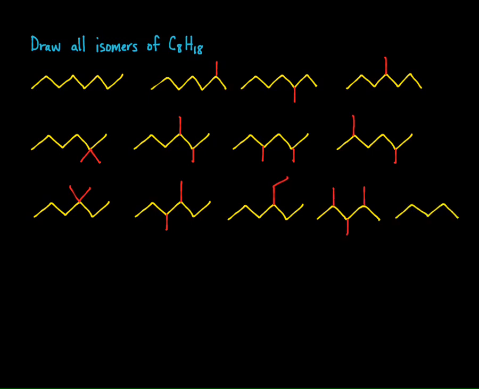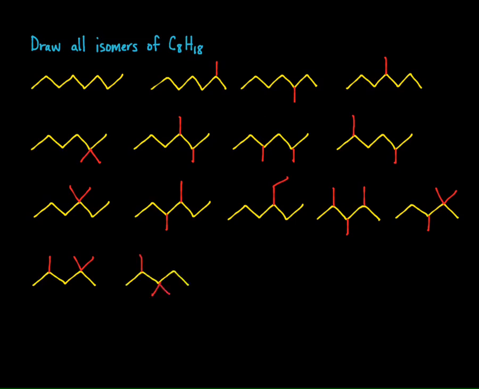So I start with my 3 methyl groups. I can add 1 methyl group on the second carbon, 1 on the third, and 1 on the fourth. So I get 2,3,4-trimethylpentane. I can have 2 methyl groups on the second carbon and 1 methyl group on the third, 2,2,3-trimethylpentane, or I can have 2 methyl groups on the second and 1 on the fourth, 2,2,4-trimethylpentane.